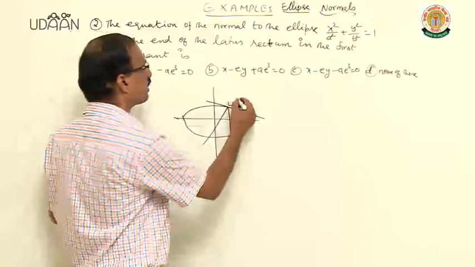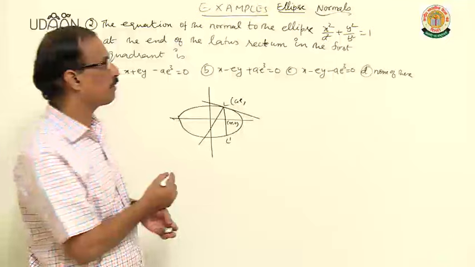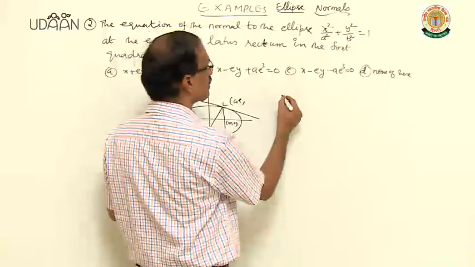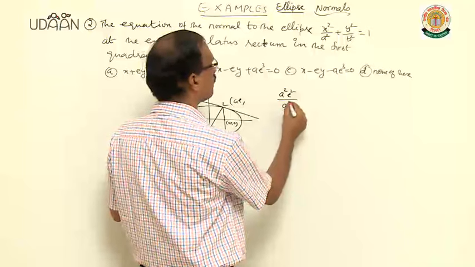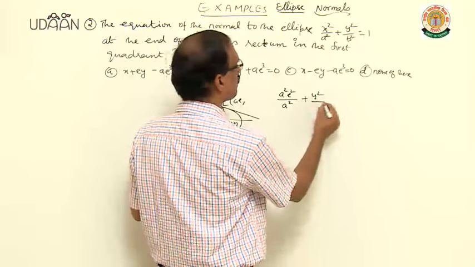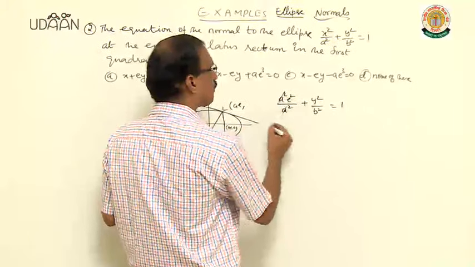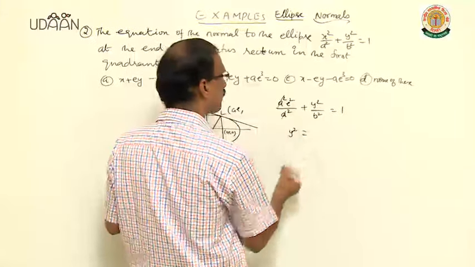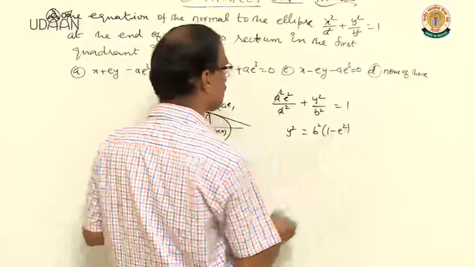Equation of the normal at this point. So this one is ae. So what will be the coordinate of y? If we substitute in this, a square e square by a square plus y square by b square equal to 1. Here you get y square equals b square into 1 minus e square.